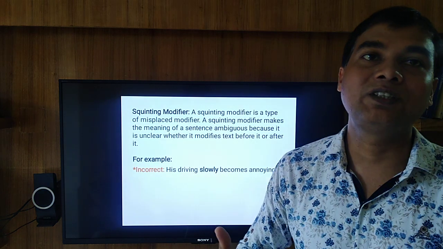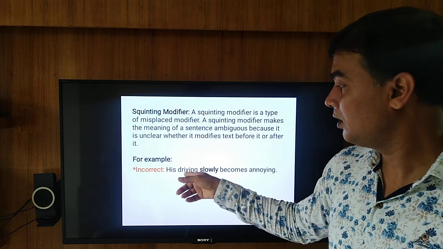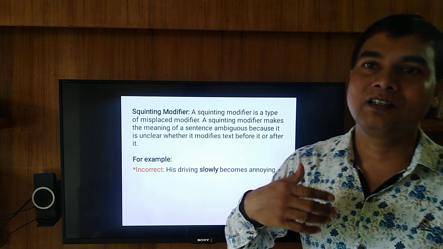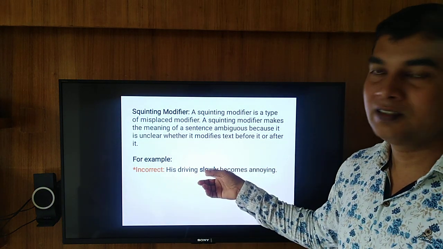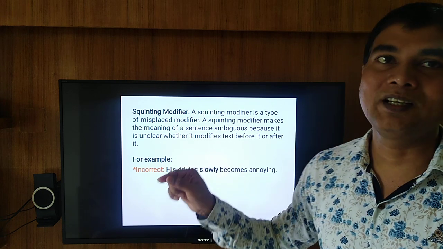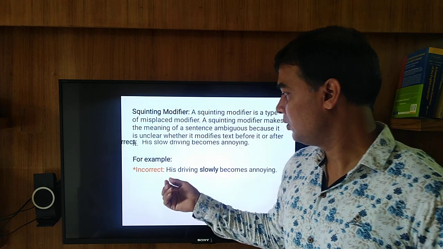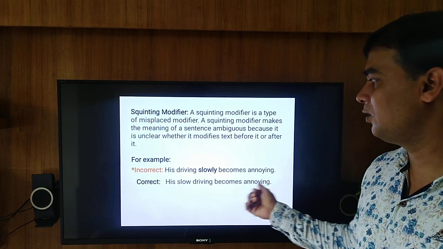So we are confused whether the modifier slowly is modifying the word driving or becomes. In that case, we can change this adverb slowly to an adjective form and then it will be correct. For example, his slow driving becomes annoying. This is now correct.